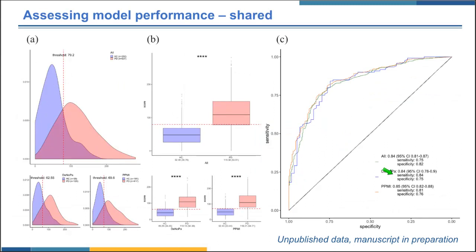Because we know they have a slightly different list of variables, here we only use the variables that are shared by both cohorts, and we come up with the score here. You can see that "all" is for the two cohorts combined, and DeNoPa and PPMI are for the specific cohorts, and all their performances are really similar.